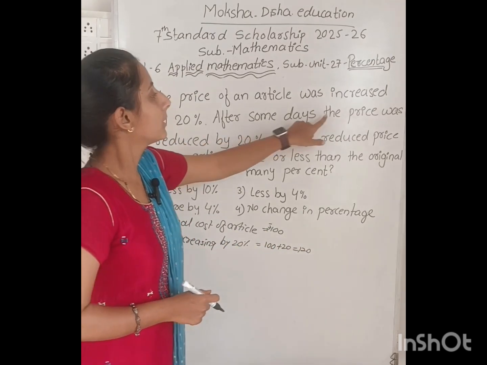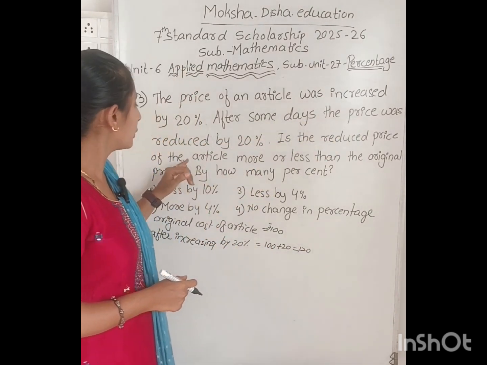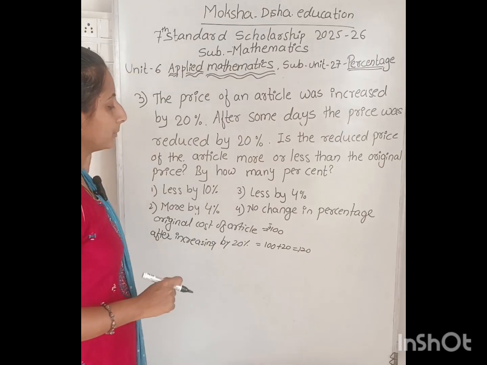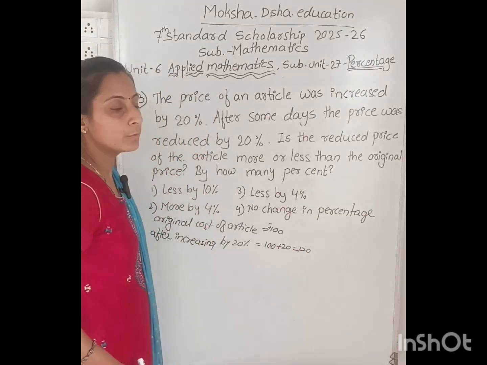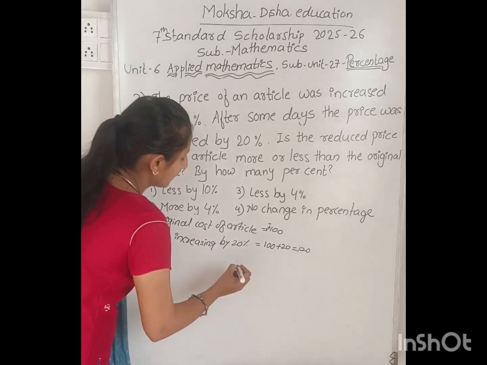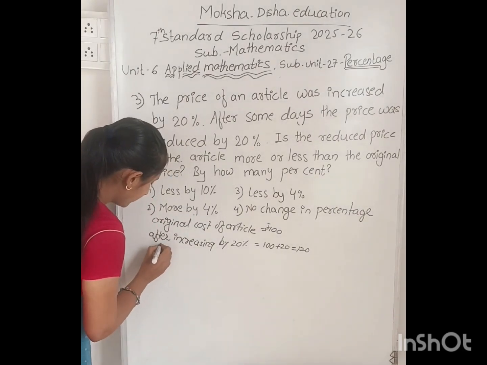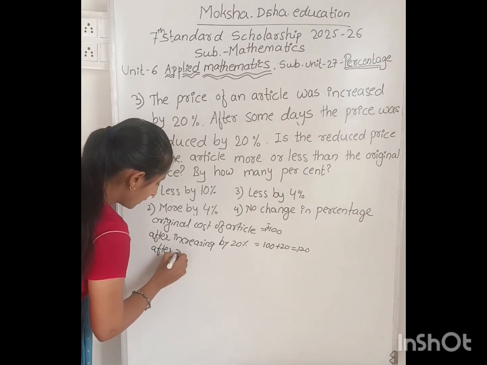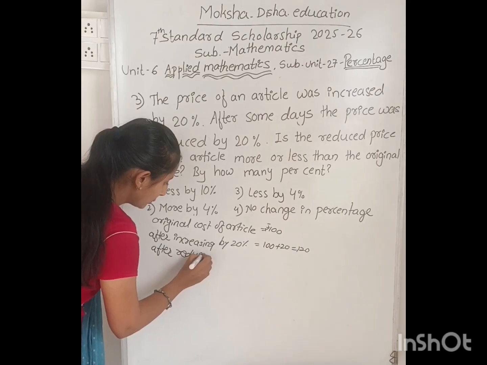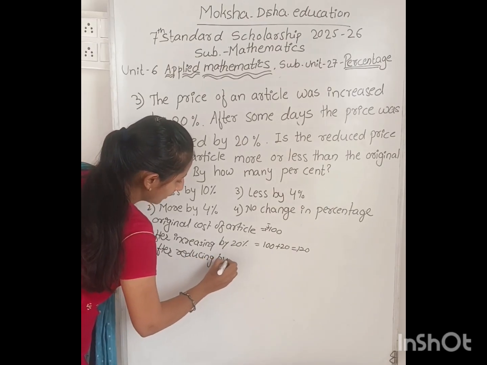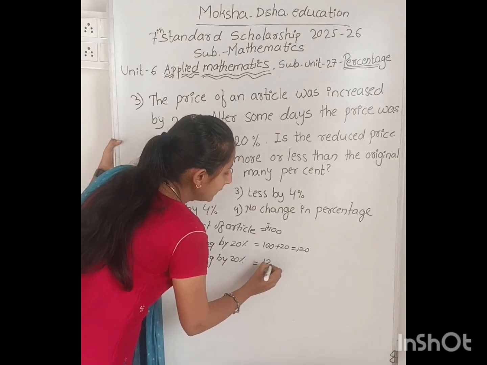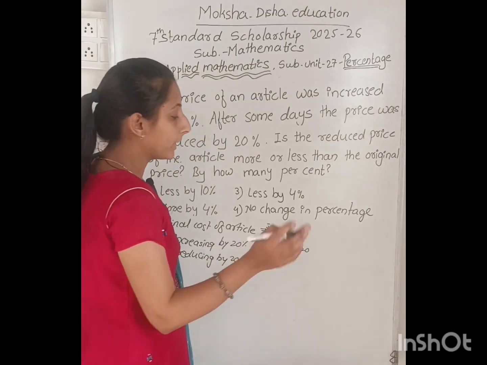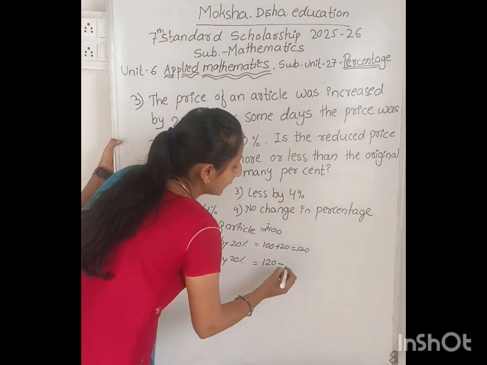Again, after some days, the price was reduced by 20%. Means we have to find out the 20% of 120. Now, after reducing by 20%, means 120 minus 20% of 120.